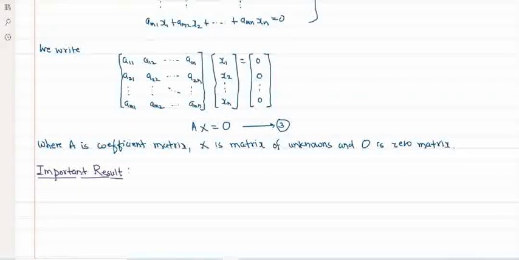What is the consistency? For your understanding, here I will write. Suppose this is a matrix A, this is a matrix X, this is a matrix 0. For your understanding, here I will write the augmented matrix.